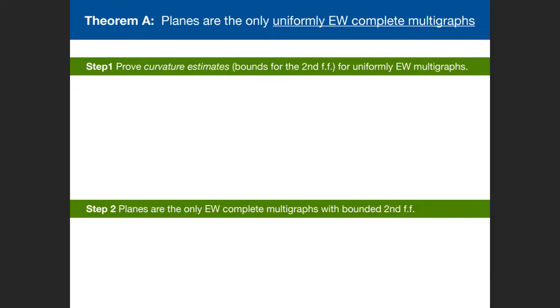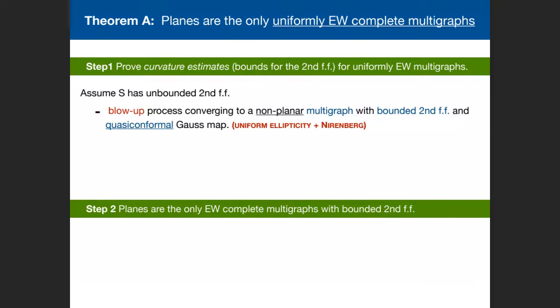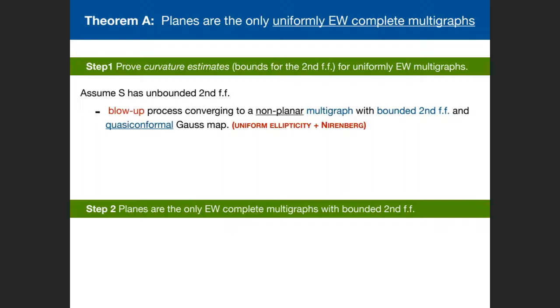And to do so, we follow an argument by Rosenberg, Souam, and Toubiana for stable CMC surfaces in Riemannian three-manifolds. The idea is, reasoning by contradiction, assume that your surface has unbounded second fundamental form.